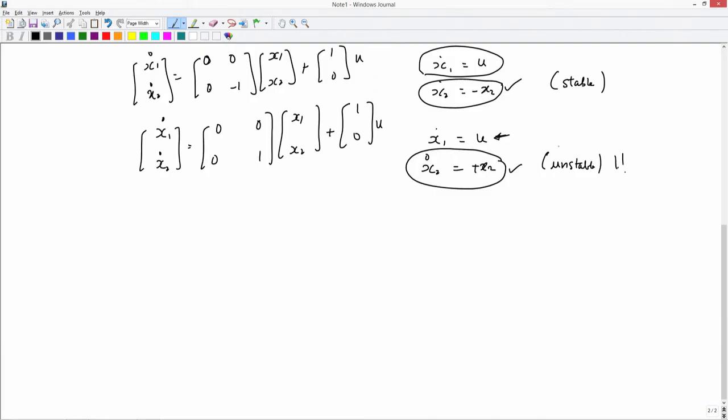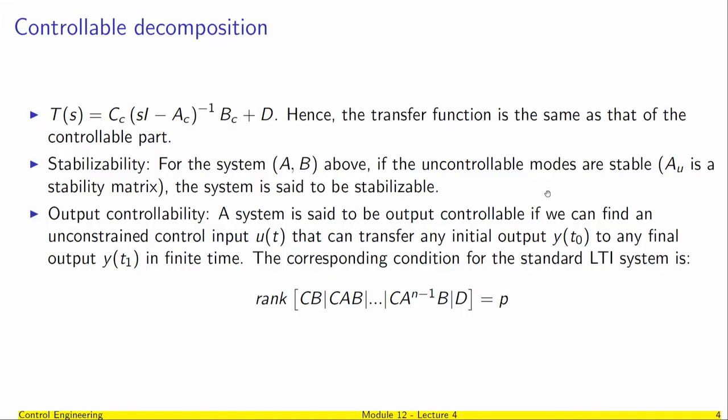So, there is nothing I could do with these kind of systems. And therefore, we now have a weaker notion of controllability, that is stabilizability. For the system (A, B), if the uncontrollable modes are stable, then the system is said to be stabilizable. I can do something with the system only if the uncontrollable modes are stable.